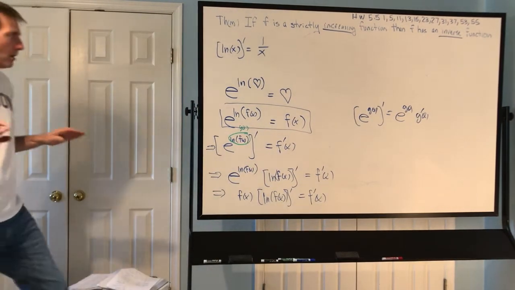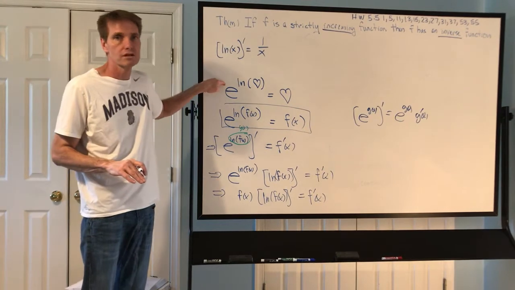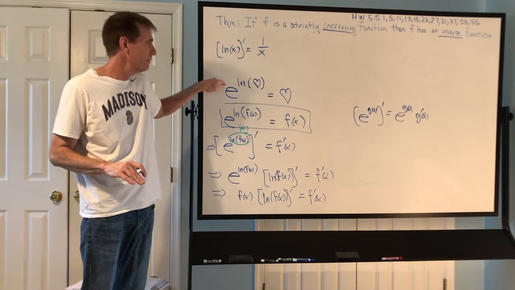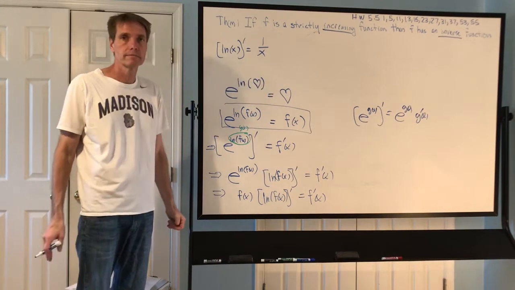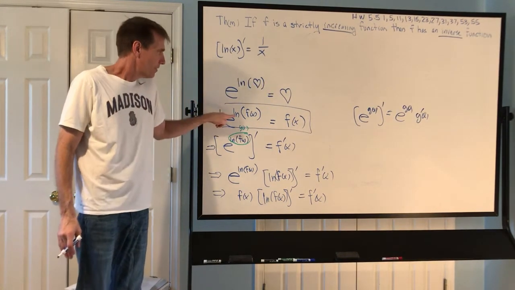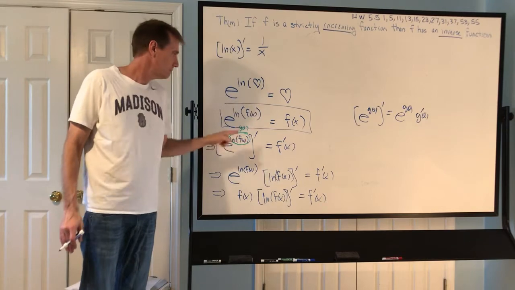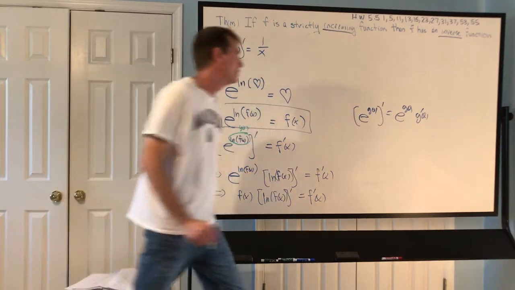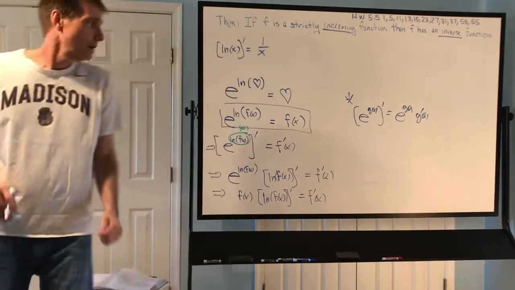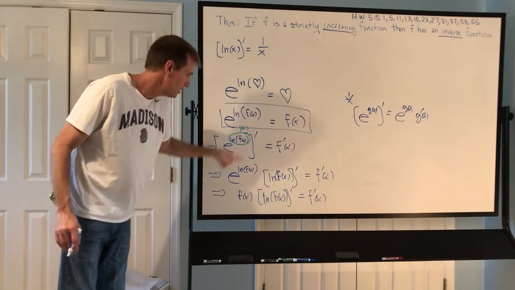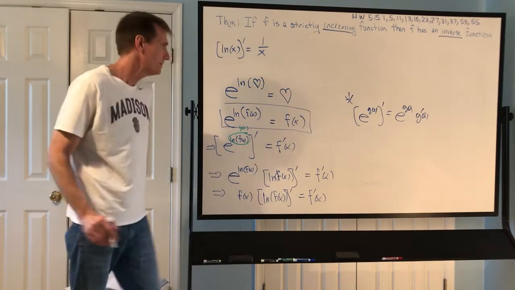Let's go back. We started with just the fundamental property of inverse functions. e to the natural log of anything is that thing. Replaced this with the f of x, took the derivative of both sides, used a property we derived the other day, then just substituted this in for that.